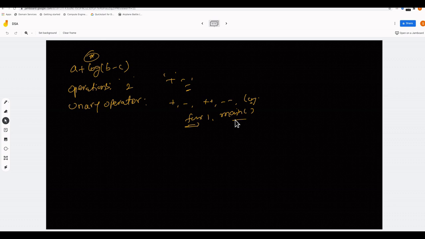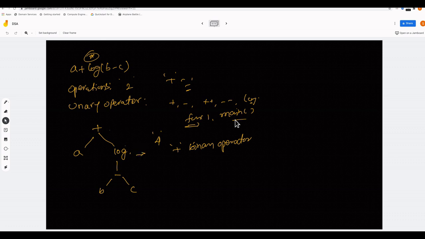So here for a plus log of b minus c, now the expression tree, everyone knows that plus a. So now here comes some magic, which is log minus b and c. What's the depth? 1, 2, 3, 4. Okay, so why did I write log this way? Plus is a binary operator, that means something that can be applied on two operands, right?